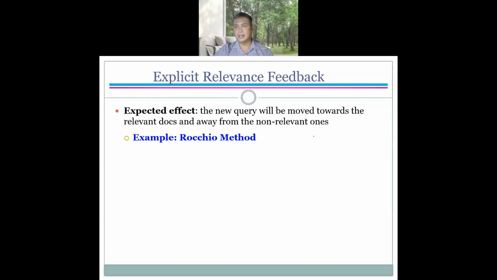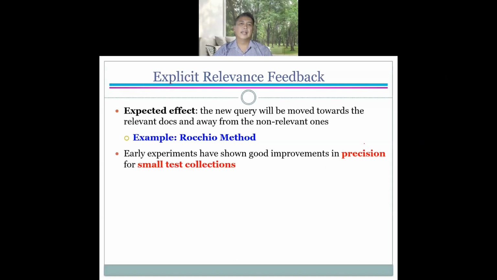So how is this implemented? Let's see the formula that we have. In the early experiments, they have shown good improvement in precision on small test collections. So this is one of the methods that they use in order to get a better modified query.